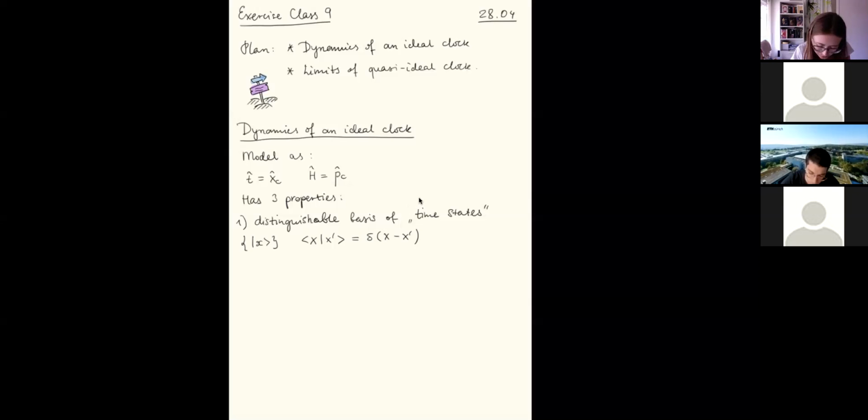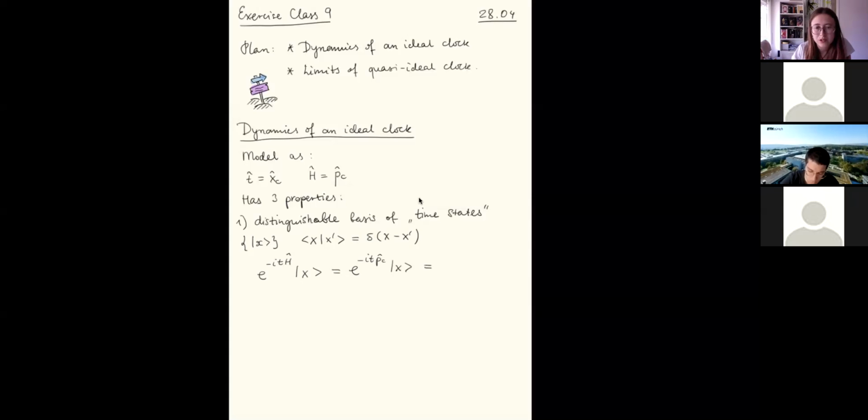And also, we can notice that since we take the Hamiltonian to be the momentum operator, the evolution of the state, which is given by the operator e to the power minus i t H, acting on the state x, would be essentially this.